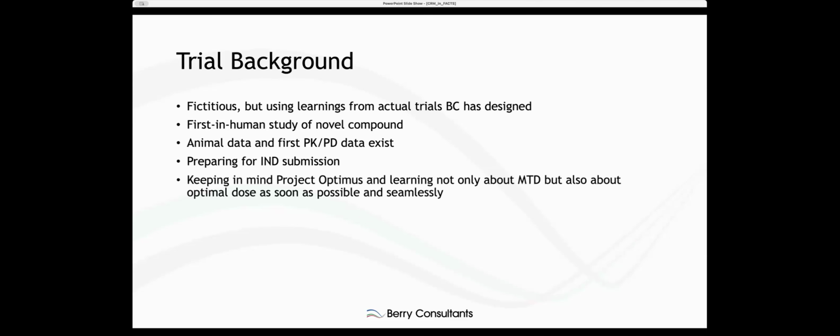Let's assume we're in a scenario where we want to do a first-in-human study of a novel compound, and we also presume that animal data and first PK/PD data already exist. We suppose we're preparing for an IND submission, and we want to keep in mind Project Optimus. So we don't only want to learn about the maximum tolerated dose, but we also want to learn about efficacy and therefore something like an optimal dose as soon as possible and ideally seamlessly.